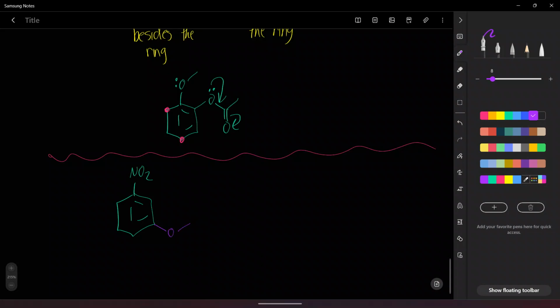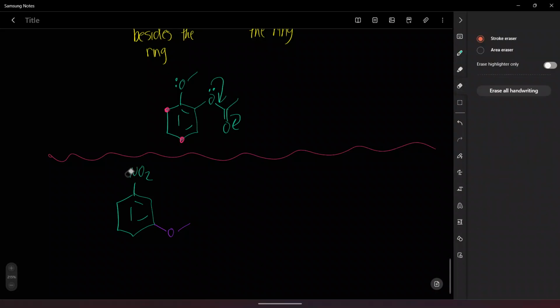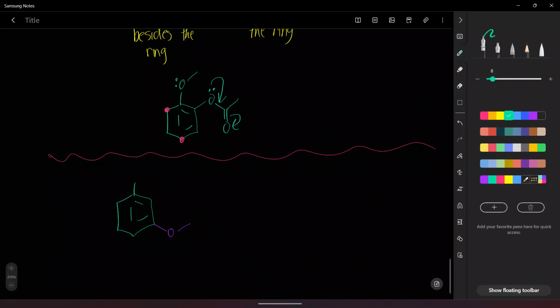Okay. So the NO2 group, which is in red, wants to direct right here.